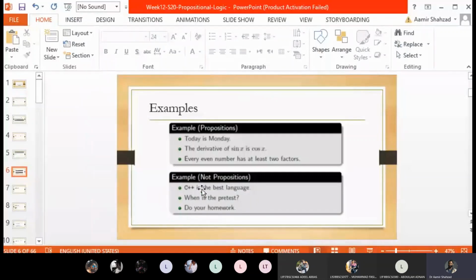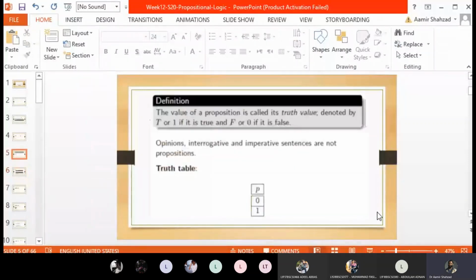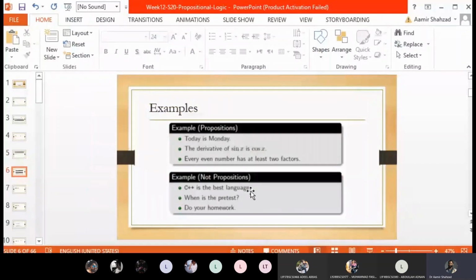On the other hand, the last 3 statements are not propositions. जो अभी हमने बात की पिछली स्लाइड में कि opinions, interrogative and imperative sentences are not propositions. So the first statement, C++ is the best language. So this is quite a subjective thing. It's just like an opinion.